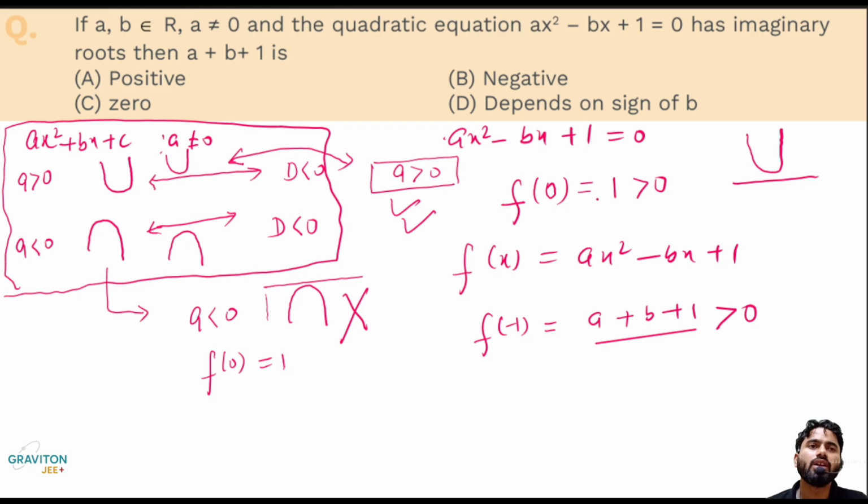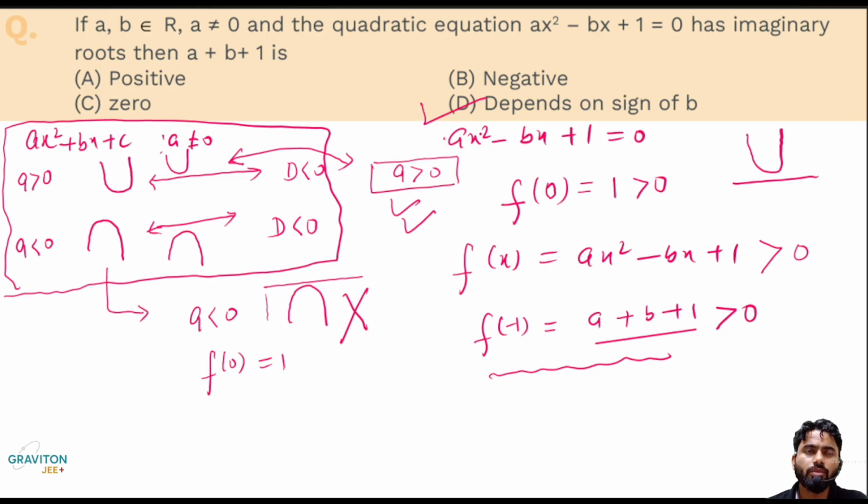So if you put anything in place of x in this function, it will always give you a positive value. So it does not depend on the sign of a and b.